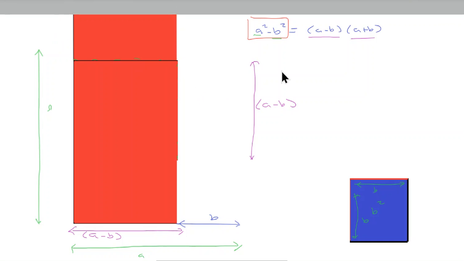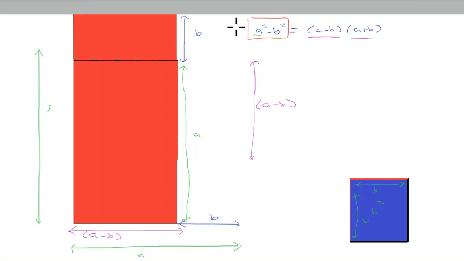And now what we have is a new dimension. Remember, from here, what's this dimension here? We remember that this is going to be b. And this dimension from here all the way down to here is dimension a. So when we add these two pieces together, what's this new piece?